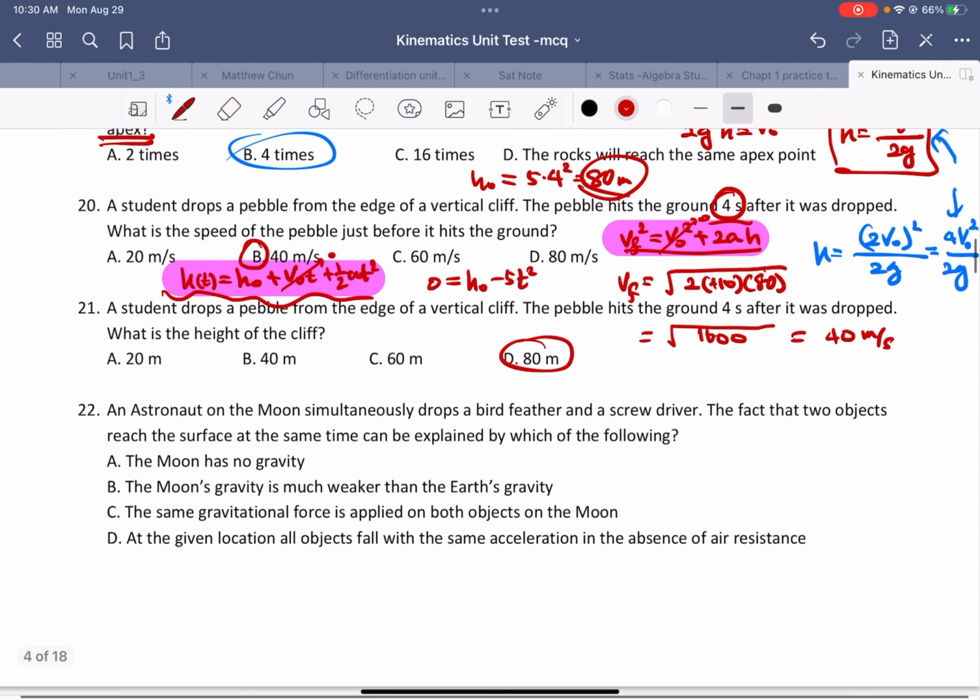Number 22, an astronaut on the moon simultaneously drops a bird feather and a screwdriver. Of course, the feather is a lot lighter in terms of mass, in terms of weight. Now, the fact that the two objects reach the surface at the same time can be explained by what?